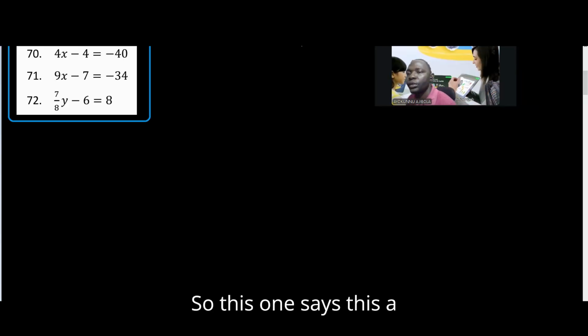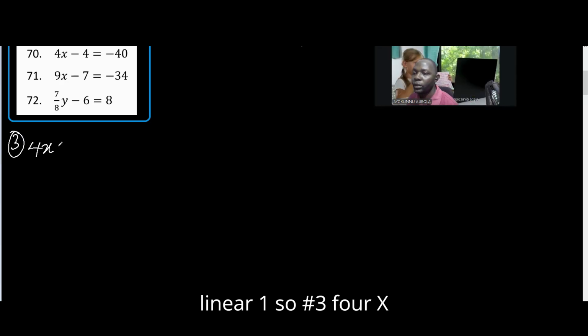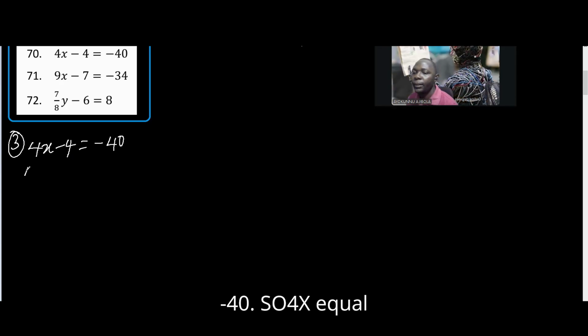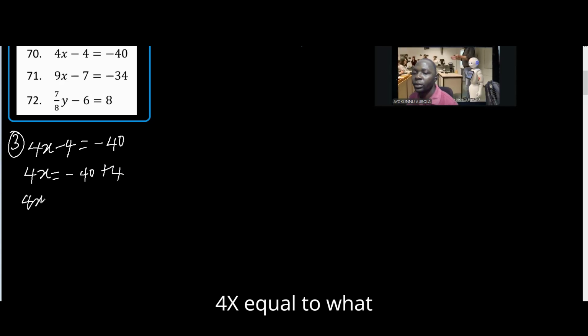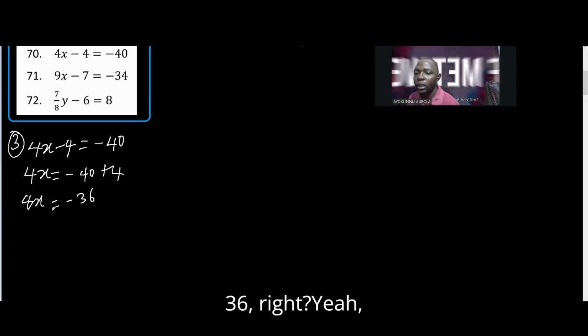So this one is a linear one. Number 3: 4x minus 4 equals negative 40. So 4x equals negative 40 plus 4. 4x equals what? Negative 36, right? Yeah.